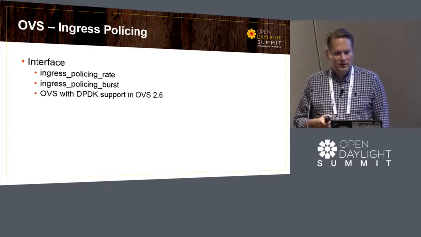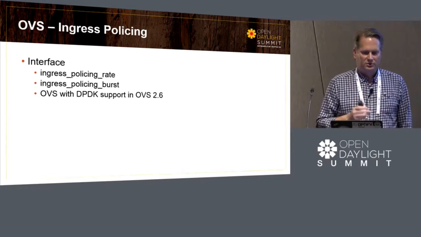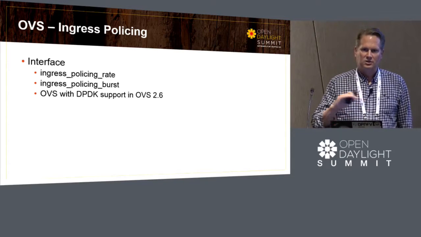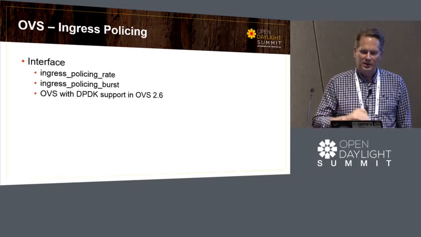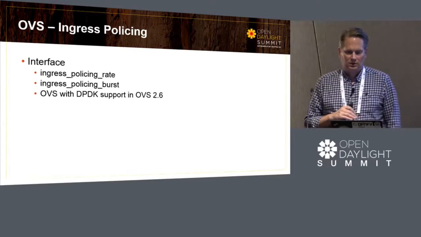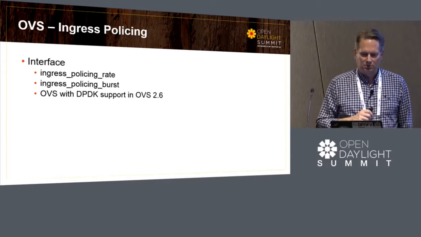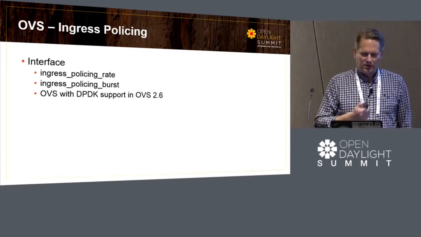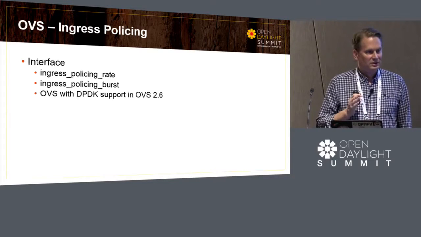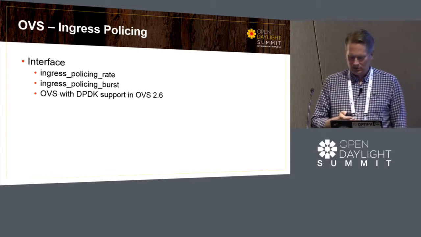The interface table has a couple of simple policing attributes. There's a policing rate, which is the maximum rate at which you start dropping packets, and you can also define a policing burst rate. You get a little flexibility there if you exceed it just a little bit. And the other key thing to point out here is that the OVS with DPDK version of OVS introduced support for these attributes in the OVS 2.6 release.